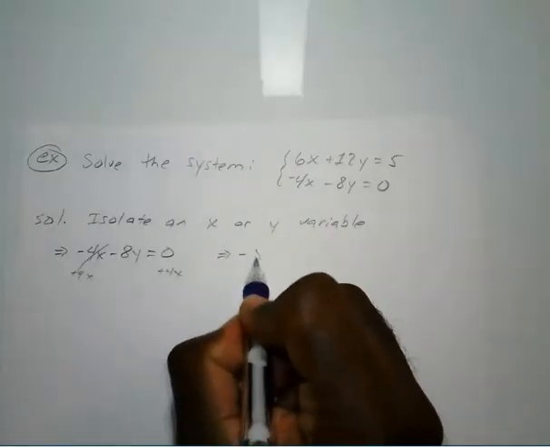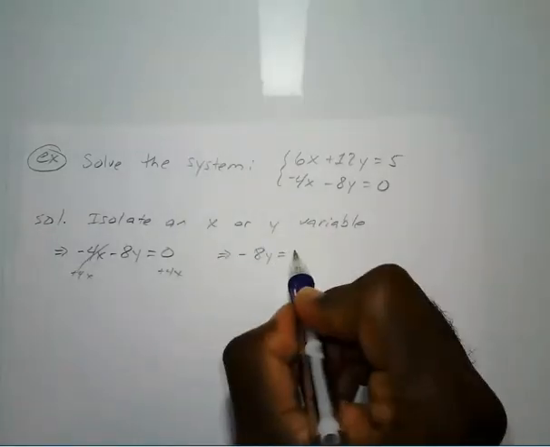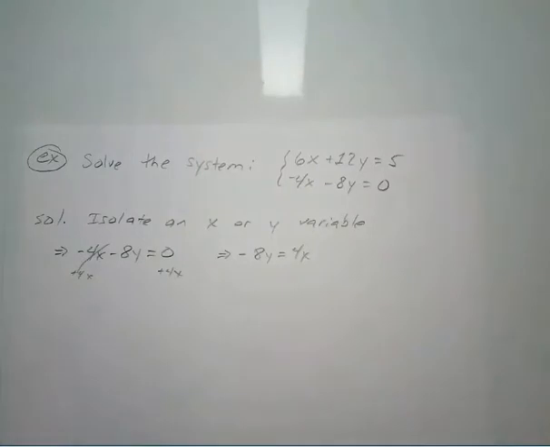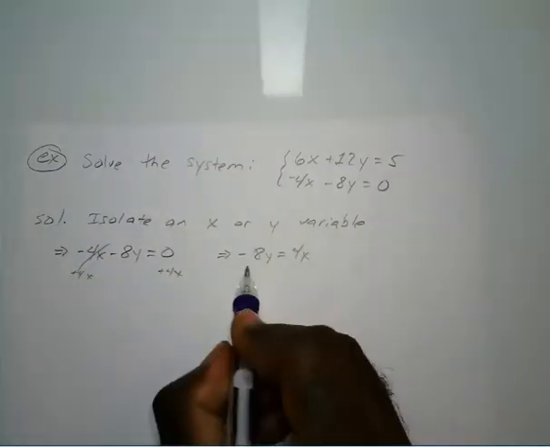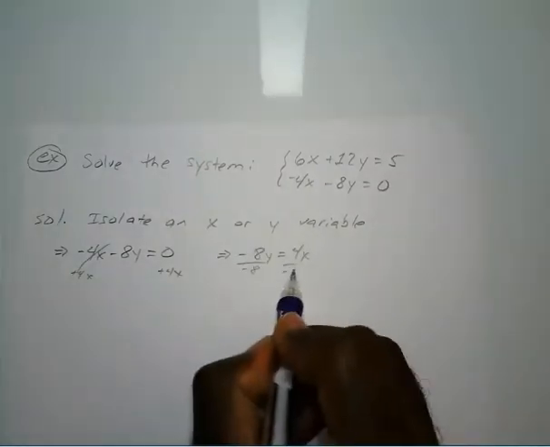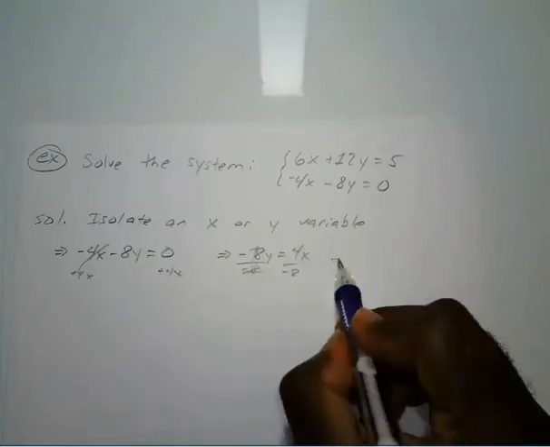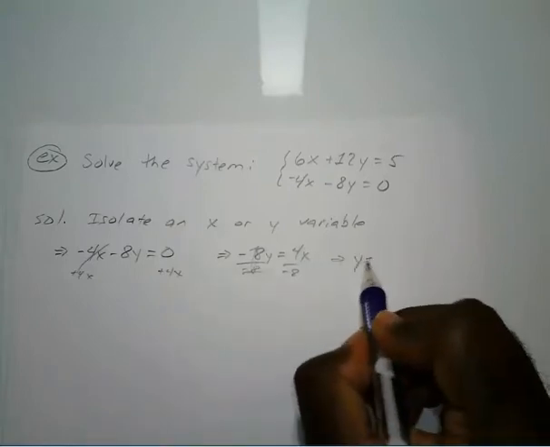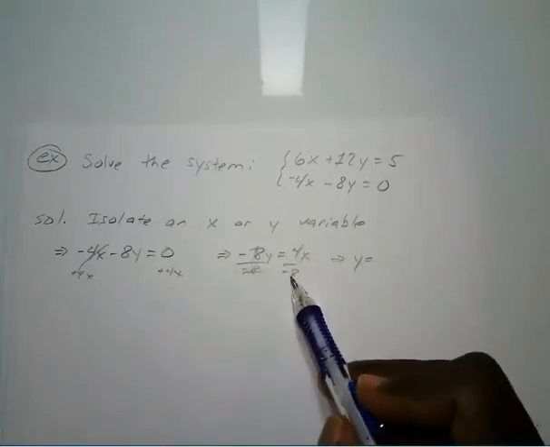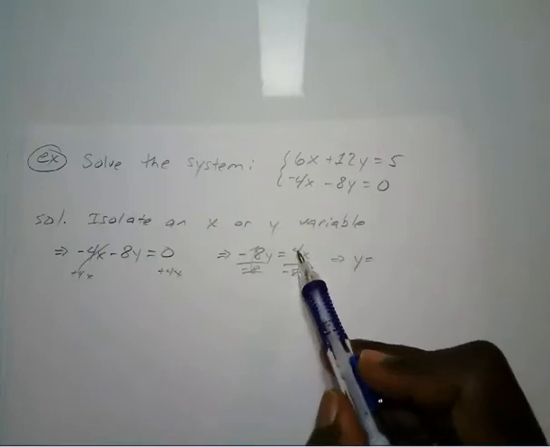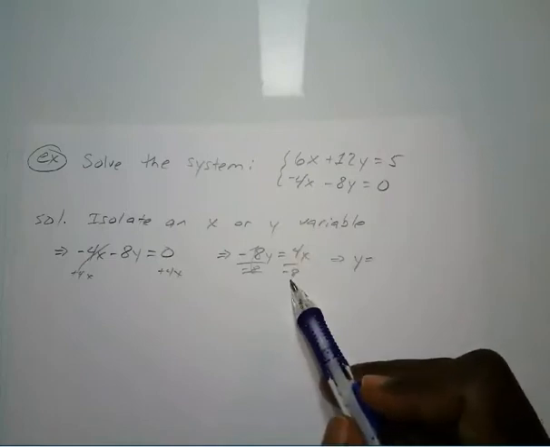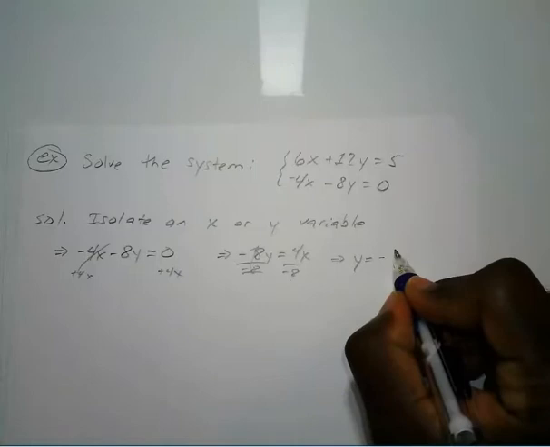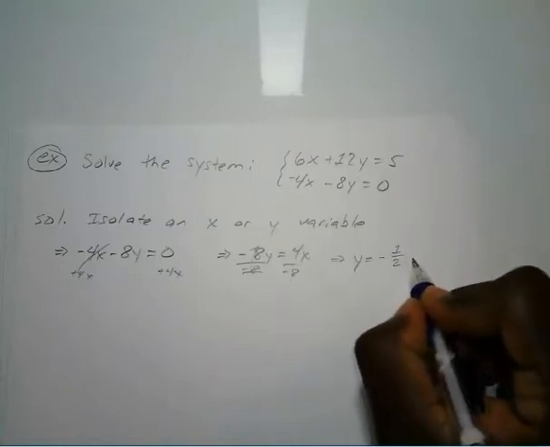we have negative 8y equals 4x. So if we divide both sides by negative 8, we have y equals 4 divided by negative 8. 4 divided by 8 actually simplifies to 1/2. So you have negative 1/2 x.